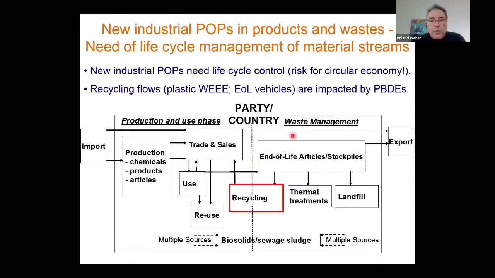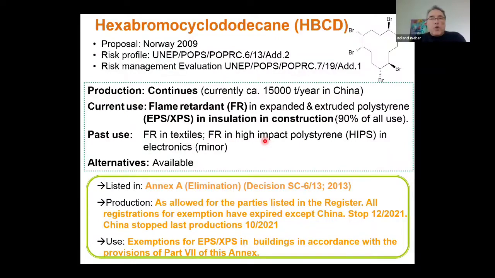So you need to check what kind of legislation you have, and what kind of competent authorities are responsible for implementing legislation. So these new industrial POPs are, in my opinion, also a kind of case study where you can learn to develop such regulatory frames, including the implementation frames. Shortly to hexabromocyclododecane before we come to some inventory considerations.